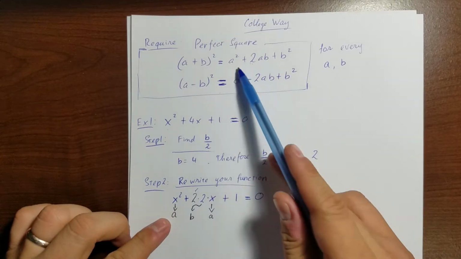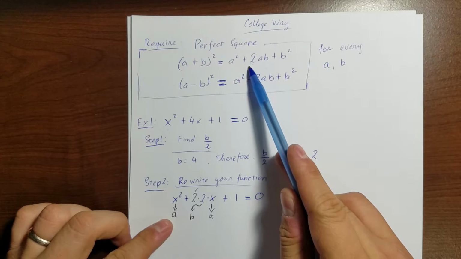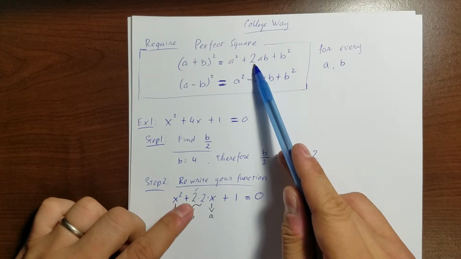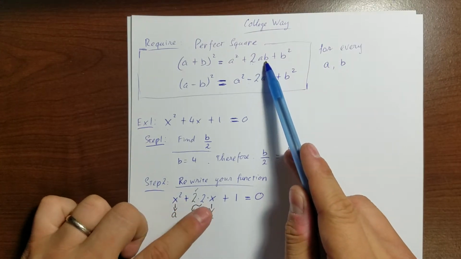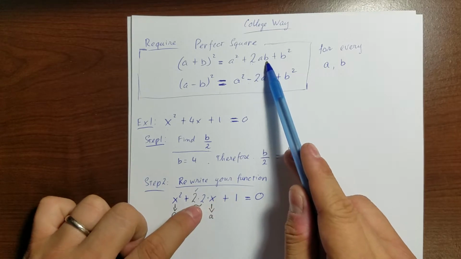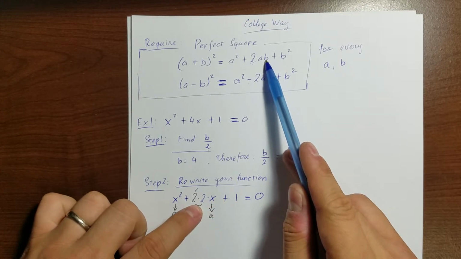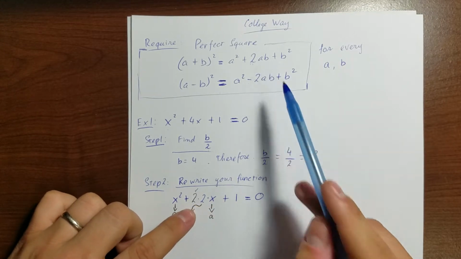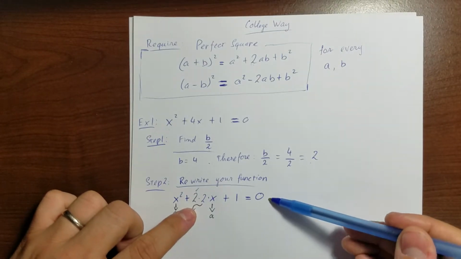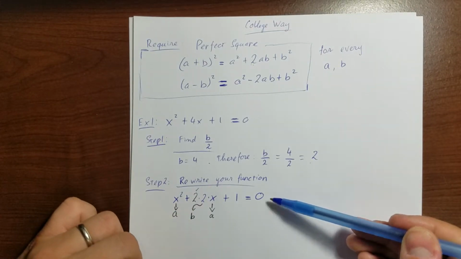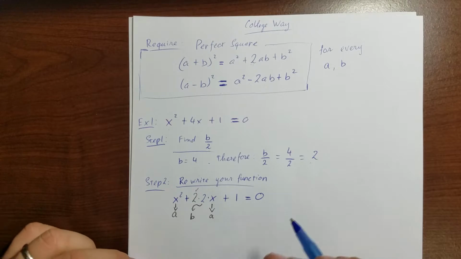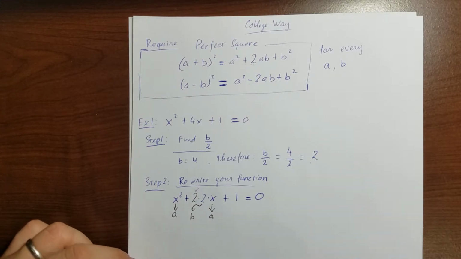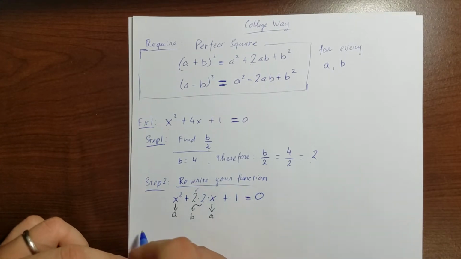We have A plus B, with 2 between them, times A times B. So how can we make this equation look like a perfect square? Well, some of you may say we're missing a b squared term right behind that.